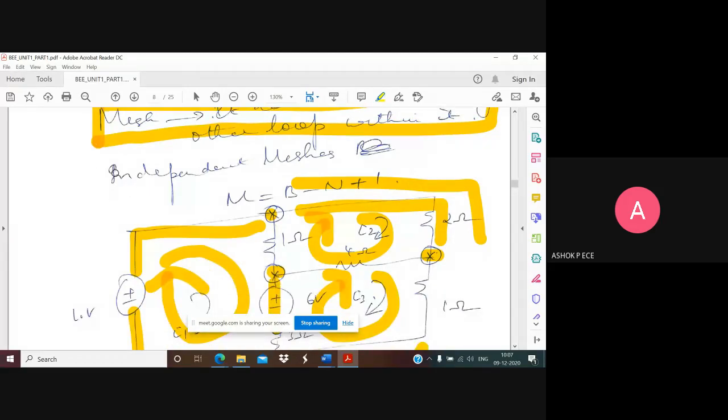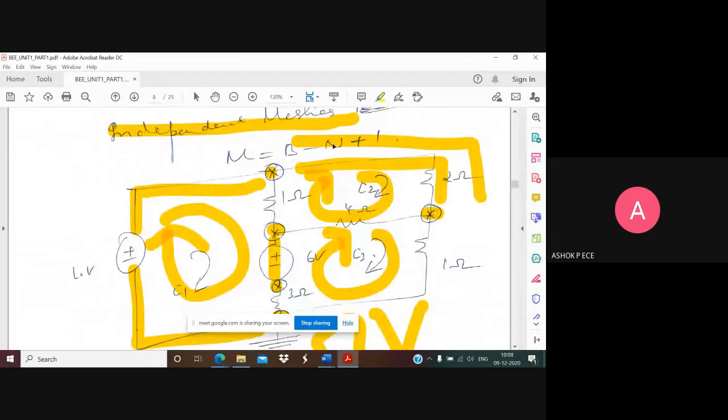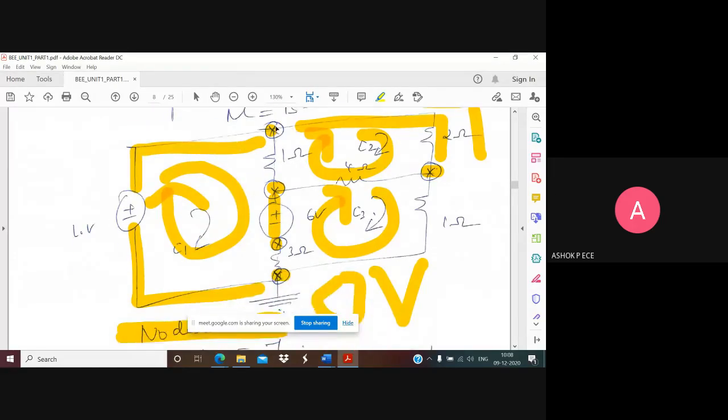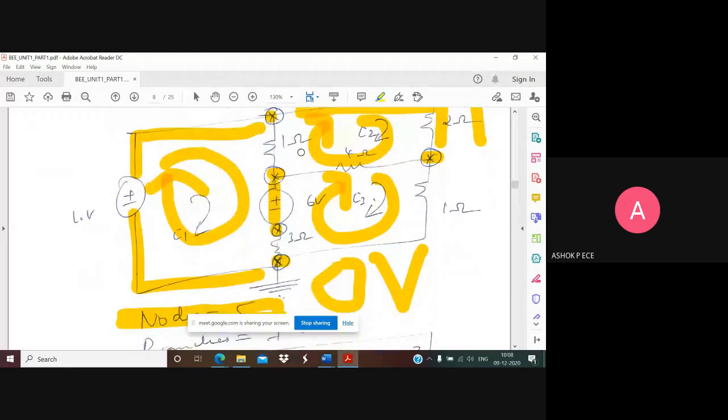And the number of independent meshes is given by this formula: M is equal to B minus N plus 1. B is the number of branches, N is the number of nodes. From the circuit, you can find B and N. If you know B and N, you can find M. So in this circuit, the number of nodes is 5. How many branches are there between the nodes?